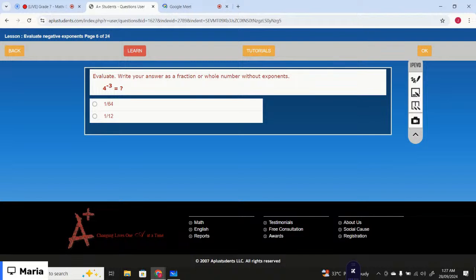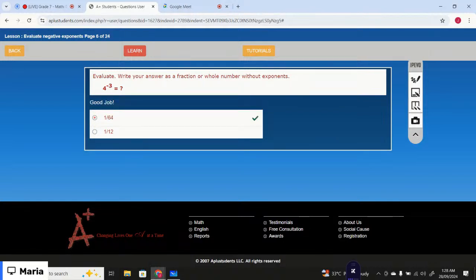So which is the correct option? Option number 1 is the correct option. That is 1 over 64 is the correct option.